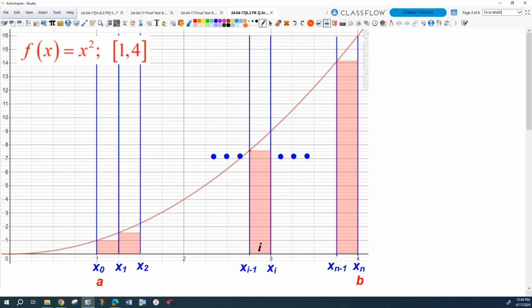For an increasing function, that's going to give us a big overestimate, a big rectangle. We could use the value of the function at the left edge of the rectangle. For an increasing function, we're going to be undershooting. And then if we want to be even more accurate, we could use the value at the midpoint, where we input the x value that's halfway between the two edges of the rectangle, okay?